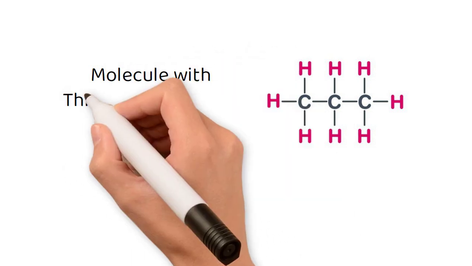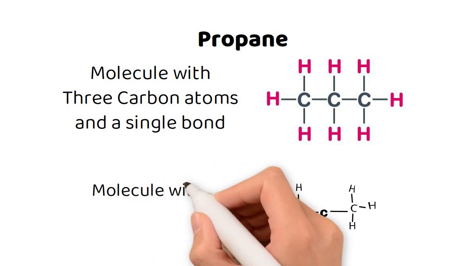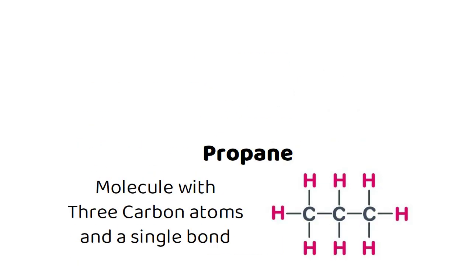For example, a molecule with 3 carbon atoms and a single bond is called propane, while a molecule with 4 carbon atoms and a double bond is called butene.